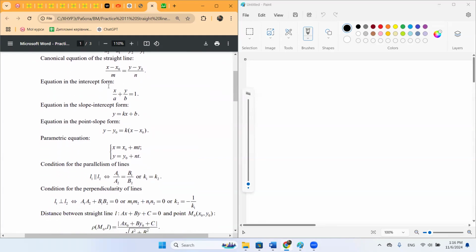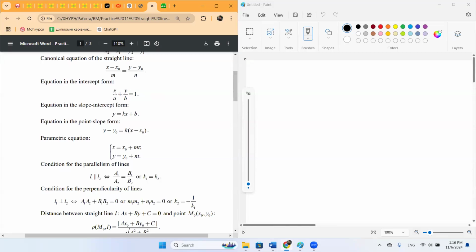Then the equation in the intercept form, where a and b are the x-intercept and y-intercept respectively. The slope-intercept equation, which you remember from school when drawing graphs of linear functions.